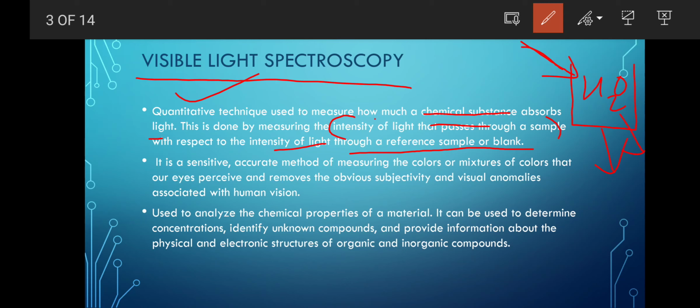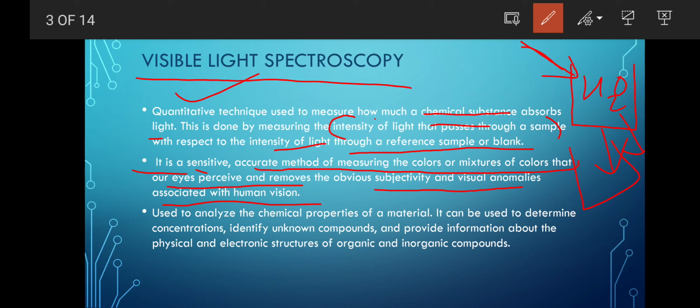So it is a sensitive technique, or you can say an accurate method, of measuring the color or mixture of colors that our eyes perceive, and it removes the obvious subjectivity and visual anomalies associated with human vision.